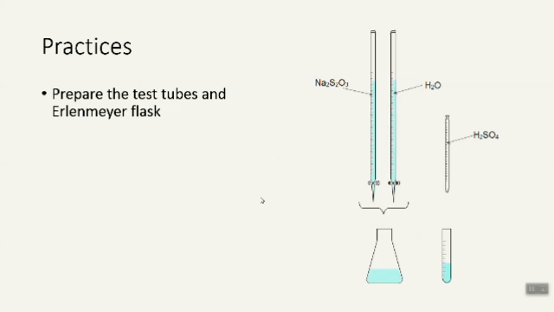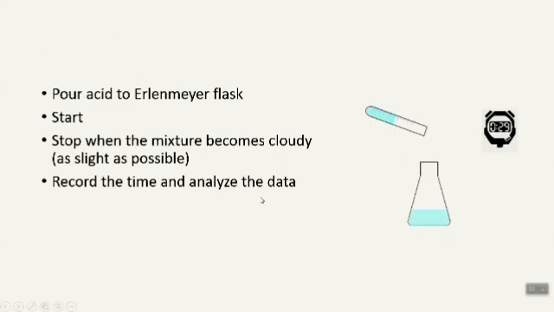Then we pour the acid into the Erlenmeyer flask, swirl one time, and start the stopwatch. We stop the watch when the mixture becomes cloudy, as slight as possible. We record the time and analyze the data.